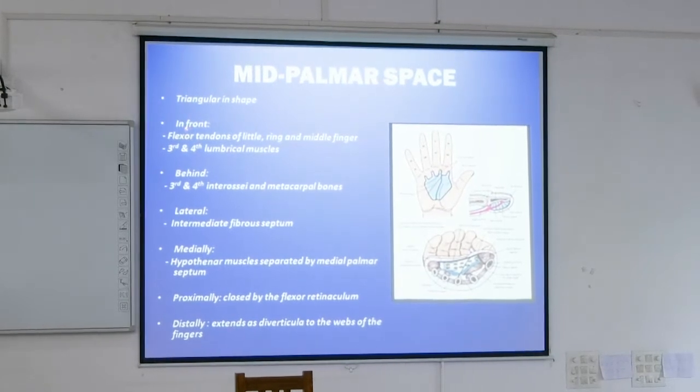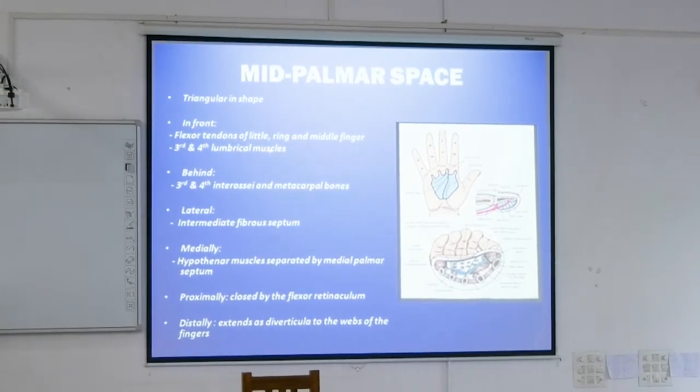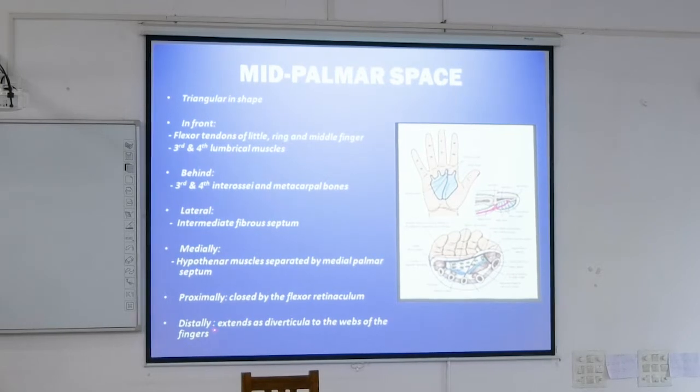You can see in front the flexor tendons of little, ring and middle finger, third and fourth lumbrical muscles; behind, third and fourth interossei and metacarpal bones; laterally the intermediate fibrous septum; medially the hypothenar muscles separated by the medial palmar septum; and proximally closed by the flexor retinaculum. Distally it extends as diverticula to the webs of the fingers.